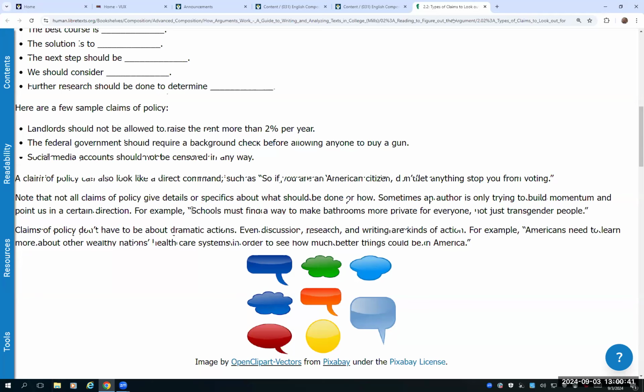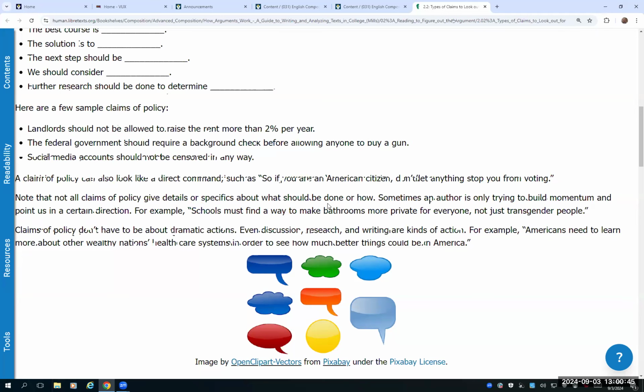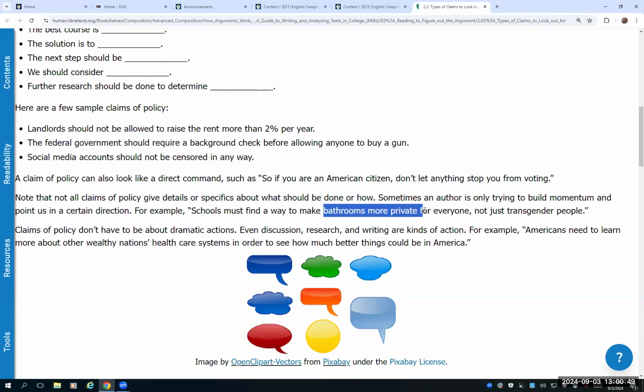This claim is not giving us a specific action. It's not telling us how to make bathrooms more private. Instead, it's just throwing a general idea out there, and maybe they're going to build momentum later on in their writing.